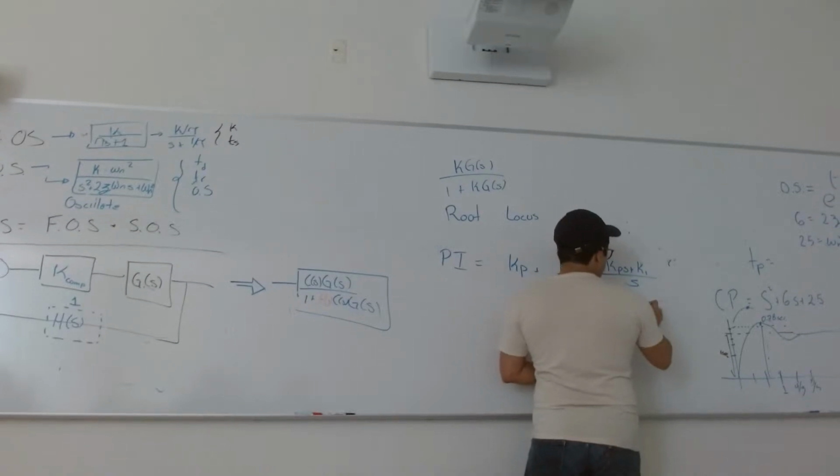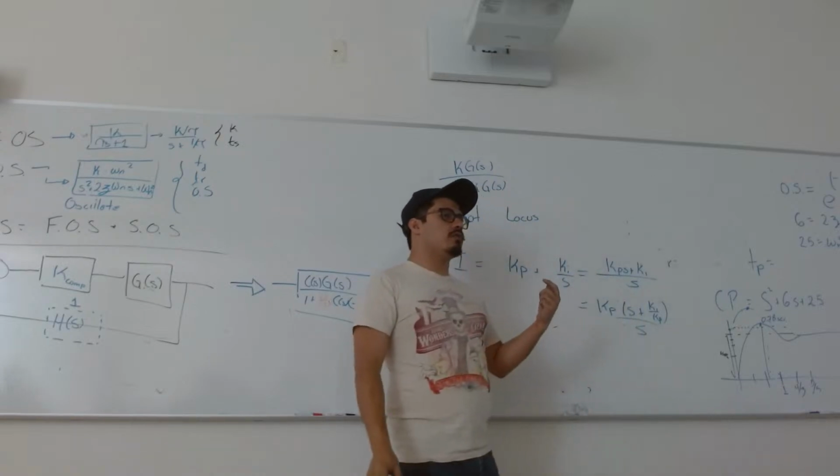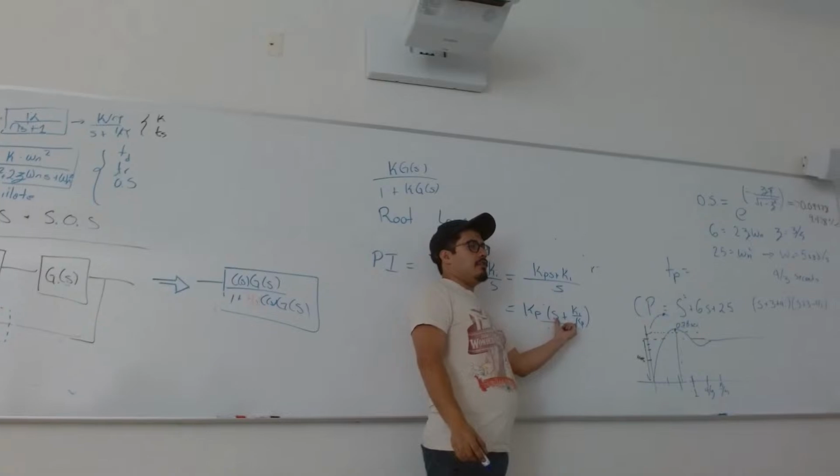And then whenever you're doing your root locus, it depends on the location of this zero, that is given by KI.